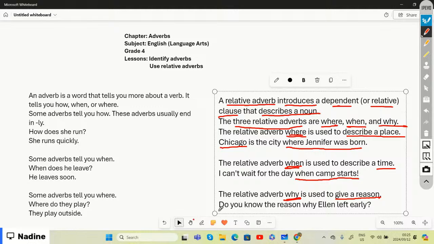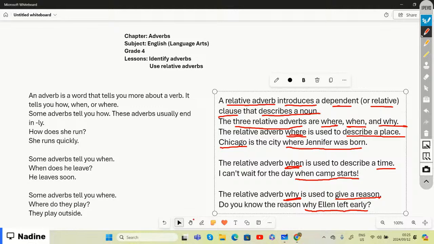And an example of a relative adverb why, we can say, do you know the reason why Ellen left early? Do you know the reason why Basil, for example, left early? Now somebody would say, no, he needs to do this, he maybe has to do that, that type of thing.